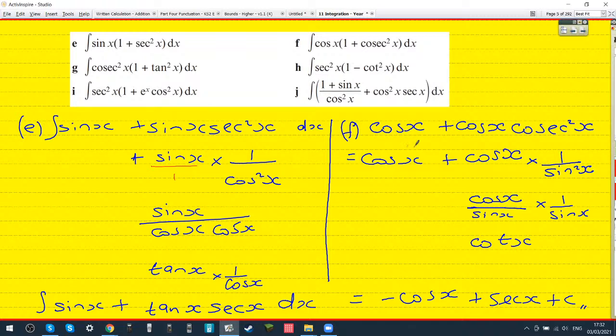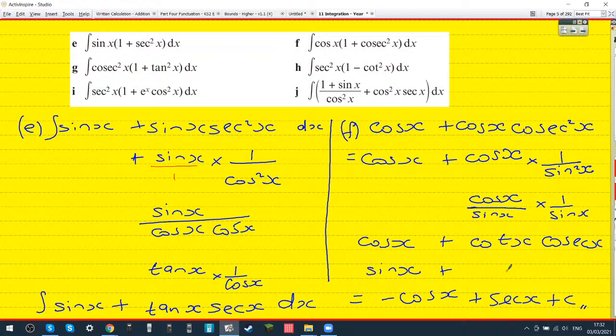Cos x, so that becomes sin x. You didn't fully write this one over here, I believe. 1 over sin x. Cos x over sin squared x. Okay, so cot x times 1 over sin x, yeah. What is 1 over sin x the same as? Cosec x. Yeah.